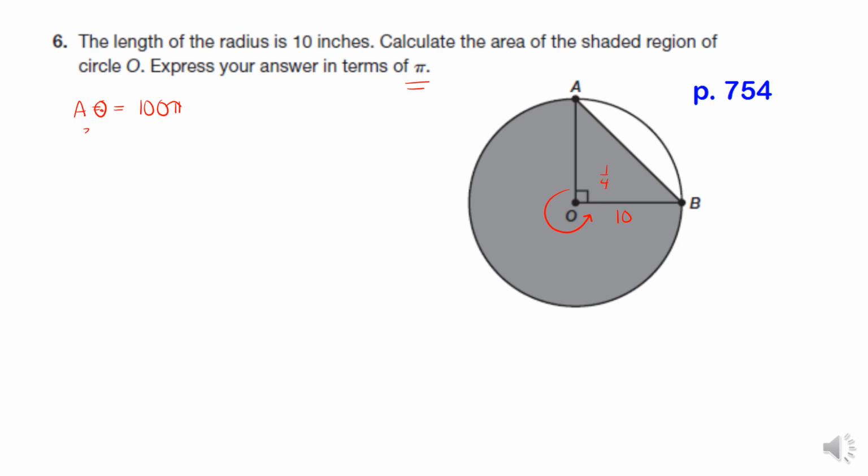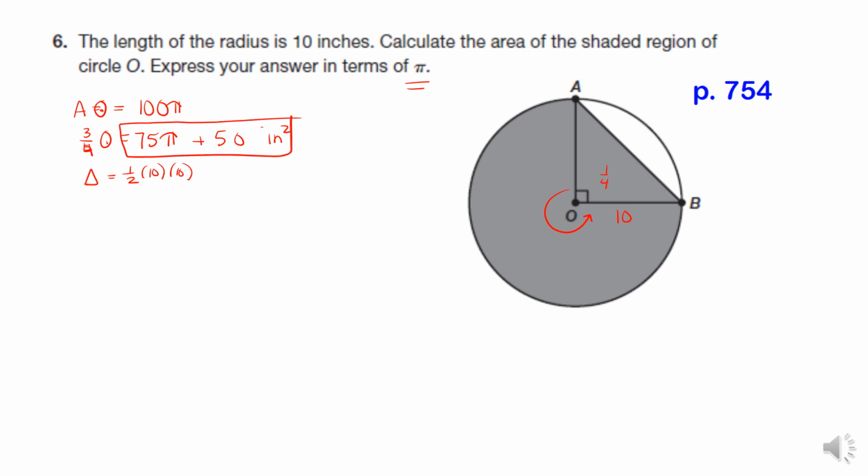So 3/4 of the circle is 75 pi. And then we would add the area of the triangle. So the area of the triangle is 1/2 base times height. So that's 50. So this is the answer in pi form.